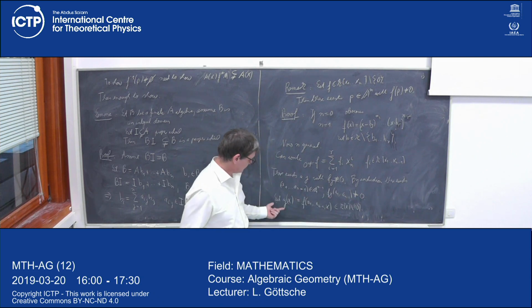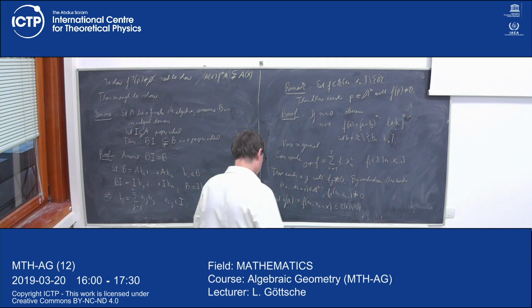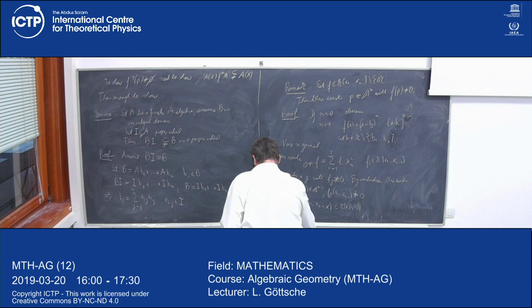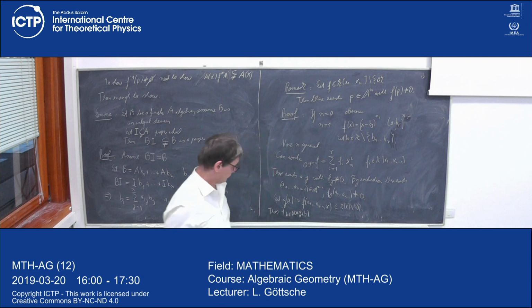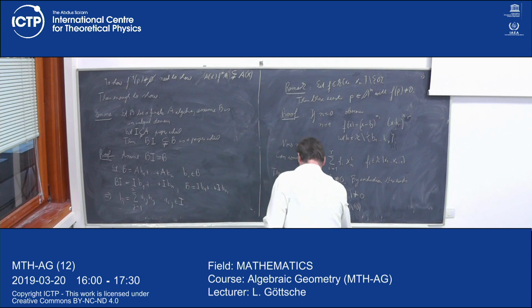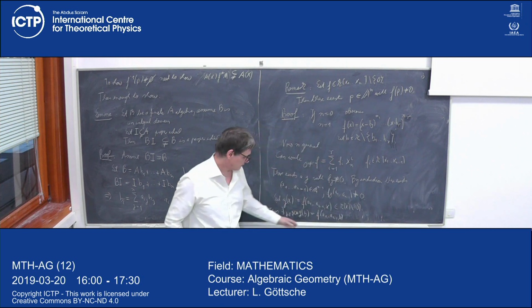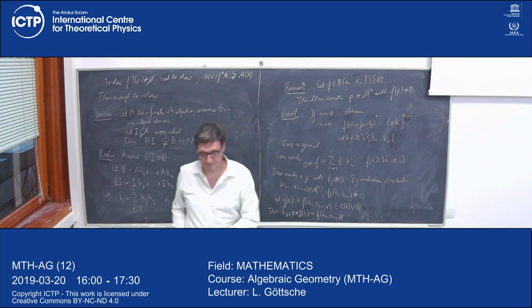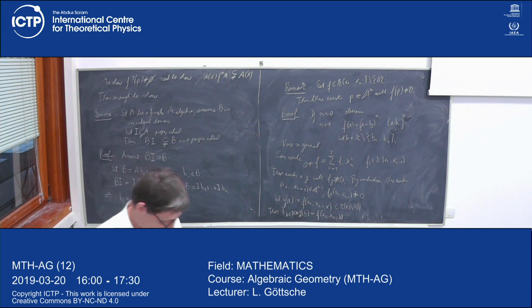So therefore, there is a value for which it is non-zero. That is, there exists an element b in K with g of b different from 0. But obviously this is just f of a1 to a_{n-1}, b. So we have found a point where it doesn't vanish. Okay, that was kind of trivial.